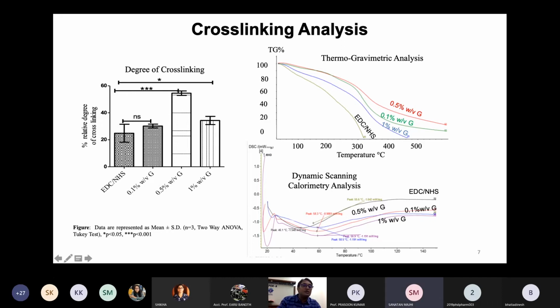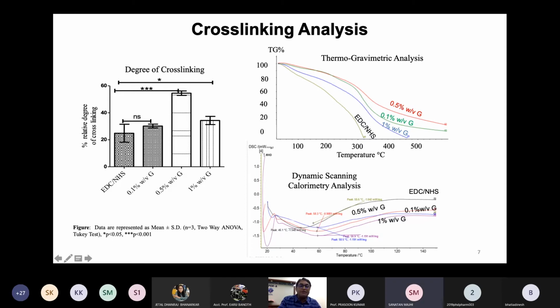We saw a similar trend in thermogravimetric analysis and differential scanning calorimetric analysis: the 0.5% graphene shows more stability with temperature because it is cross-linking more.